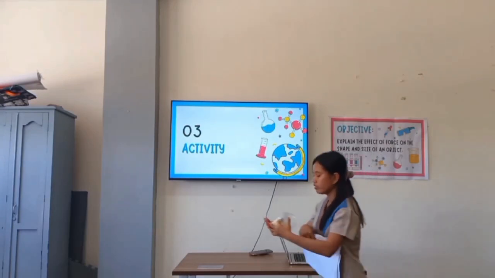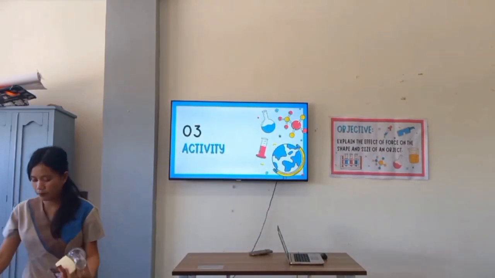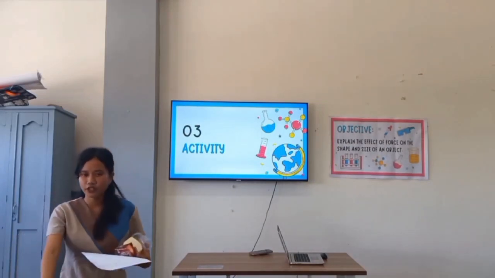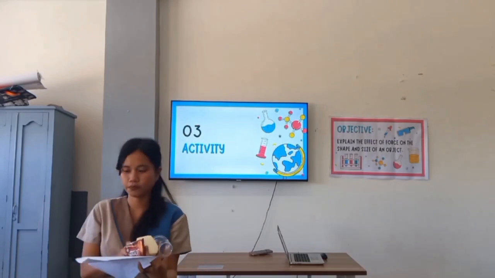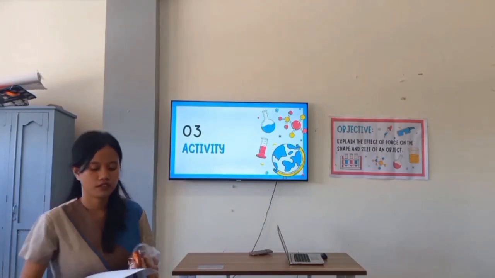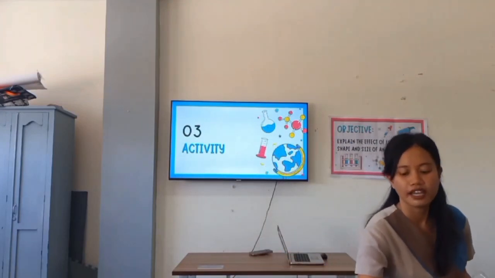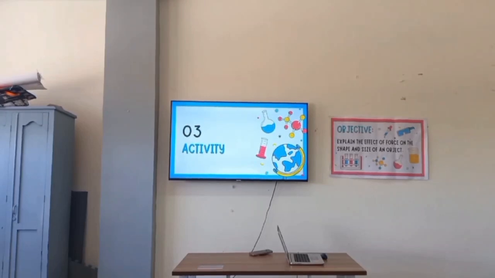For group 1, I will give a piece of paper. For group 2, I will give a sponge. For group 3, I will give a biscuit. And for group 4, I will give a plastic box.